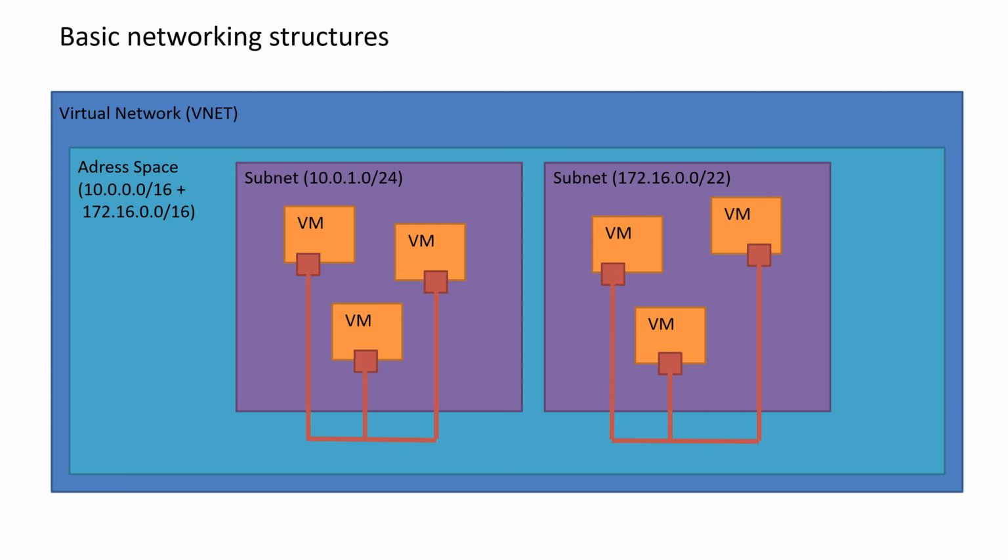Also important to know is that beside the fact that the VMs within their subnet can communicate with each other, every VM in the VNet can communicate with every other VM in the VNet, regardless of the subnets. So in my example here, these two subnets are totally different.